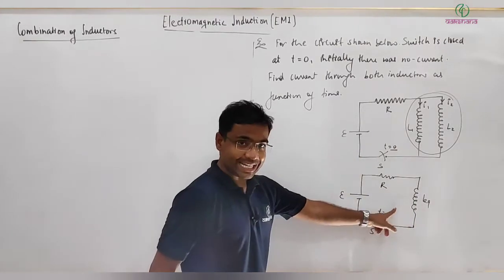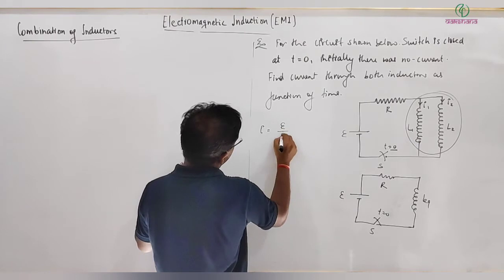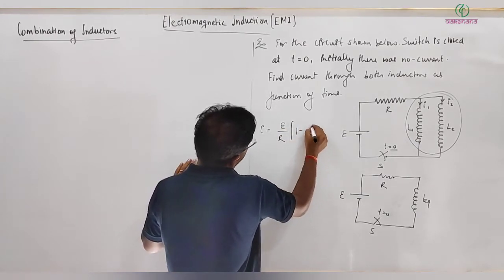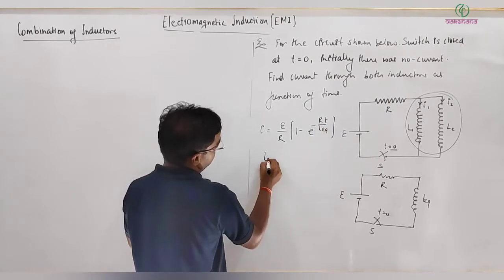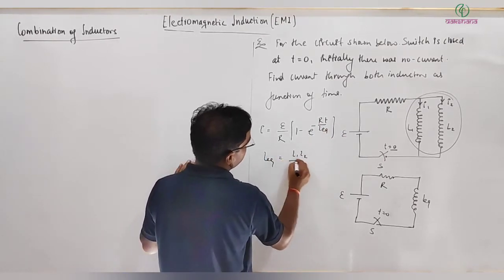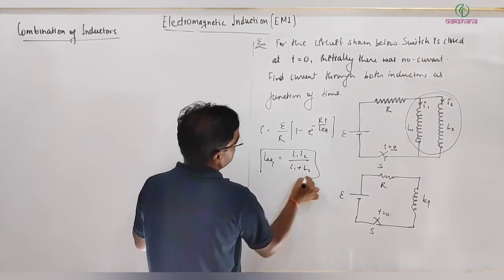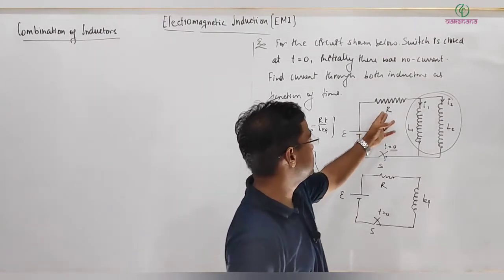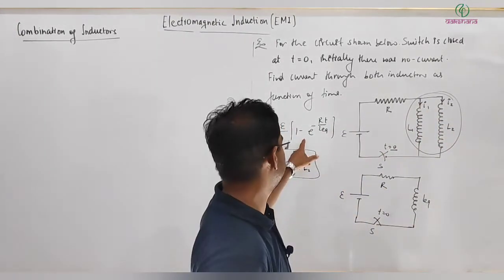For this circuit I can write I as a function of time is E by R into 1 minus e raised to power minus Rt by L equivalent, and L equivalent is L1 L2 divided by L1 plus L2. So we got the total current flowing through this resistor or passing to these inductors.